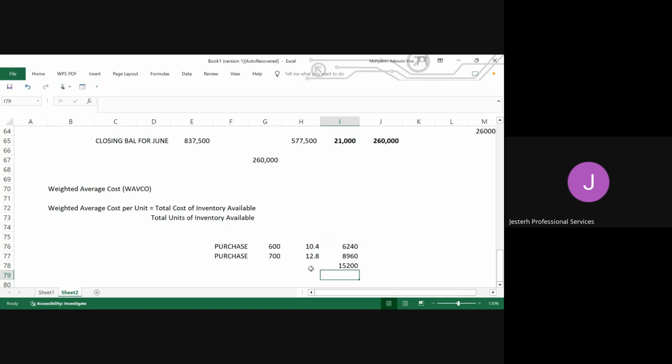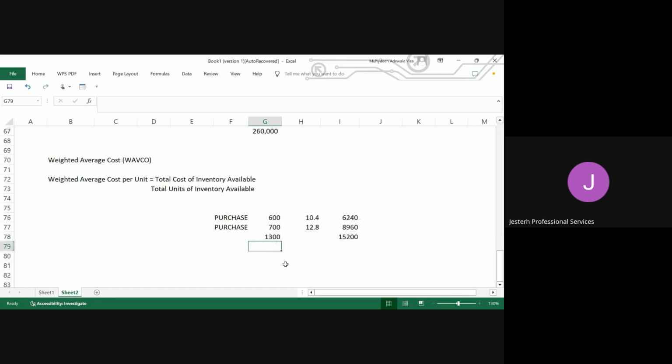What is the total unit we have in stock since we have not issued out? This is the total unit we have in stock.